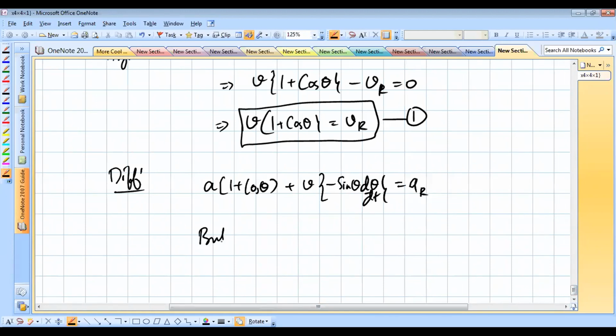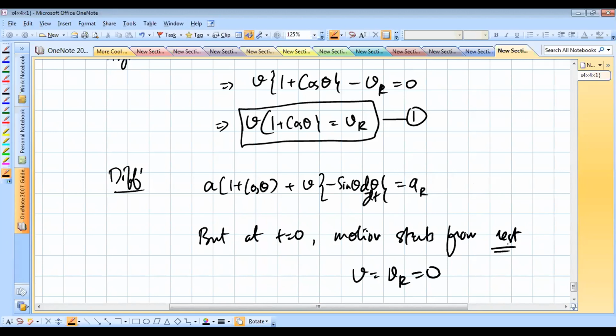But at t equal to 0, when the motion starts from rest, two important things are happening. V and v relative are both 0 because it's starting from rest, so we'll substitute this term as 0. And of course, the instantaneous value of theta is 60 degrees.